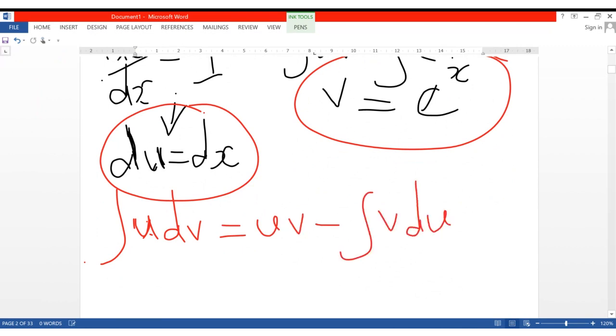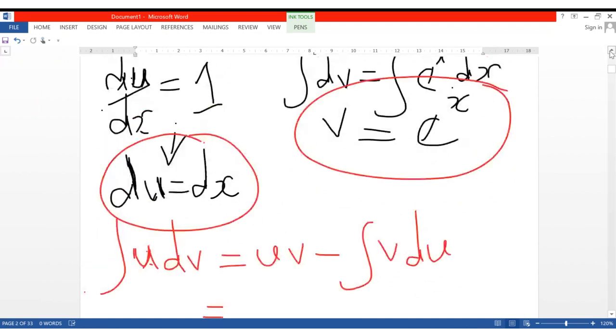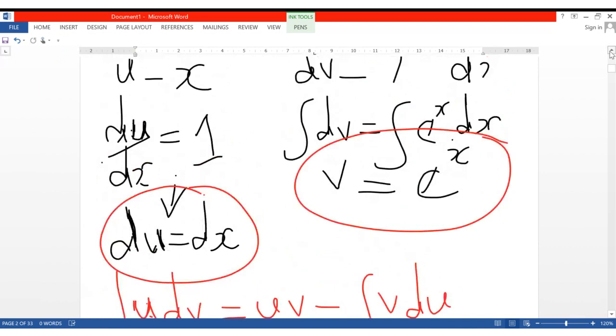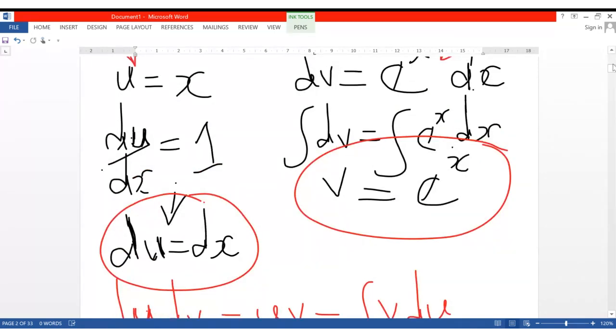So I have everything that I need. My u was x, I go back up and check. My u is x. I have my v here, and I have here my du. Those are the things that you need. So let me go down and see what I have.